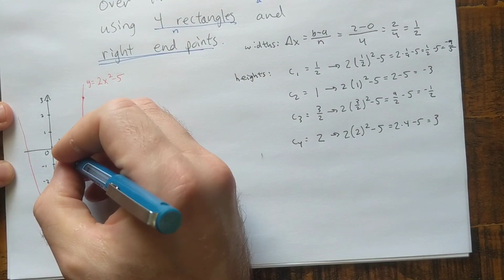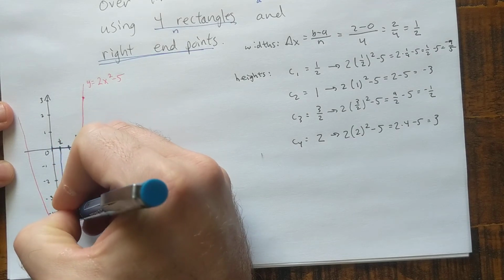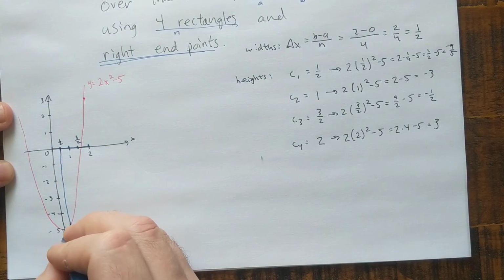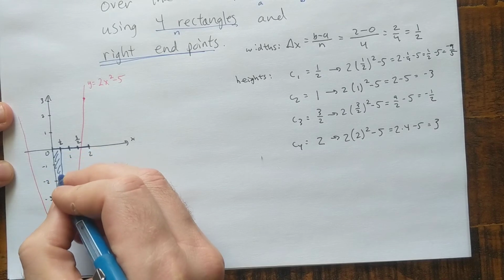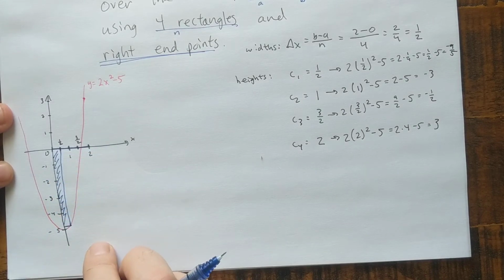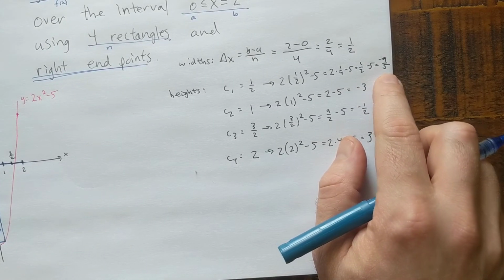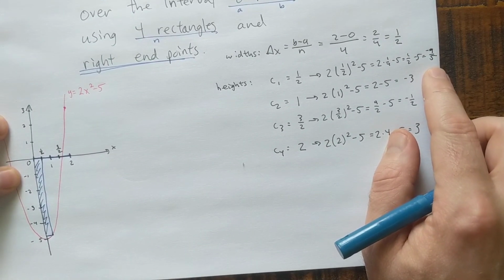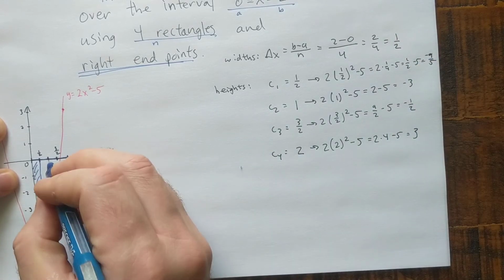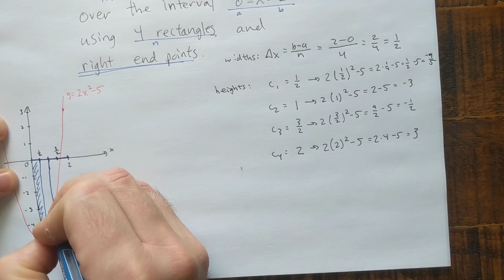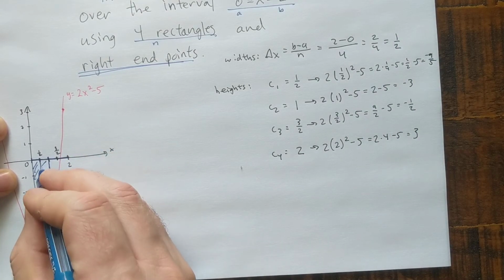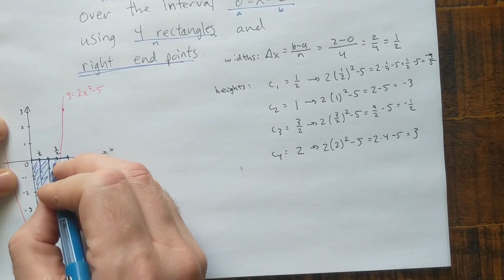So let's draw these. So the first one goes up to here, so I'm using right endpoints. And this rectangle is going to have negative area because the height we're using is going to be negative 9/2, and the width will always be positive, in this case 1/2. And then the next one should stop at negative 3, but I didn't draw the picture very well, so it didn't.